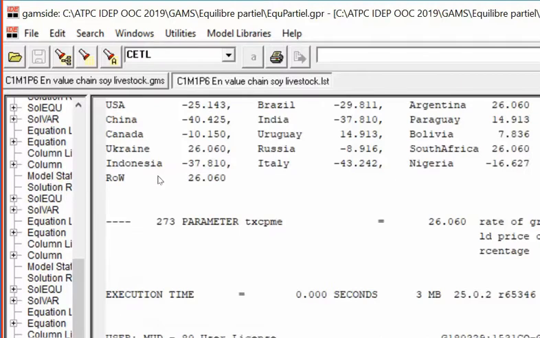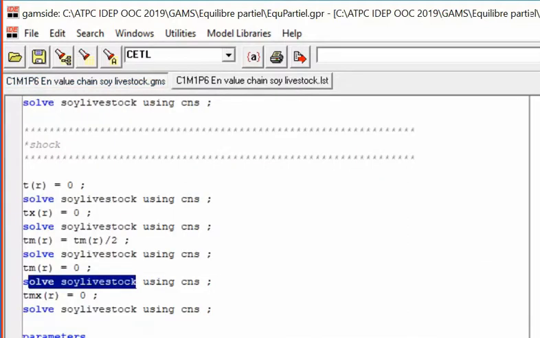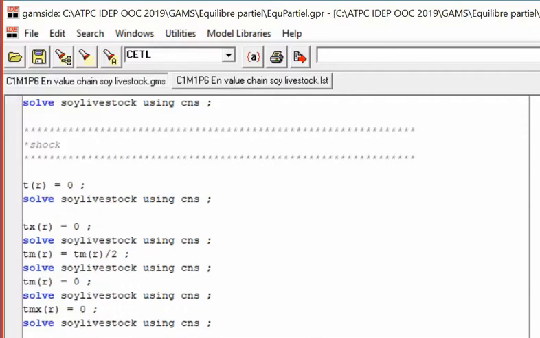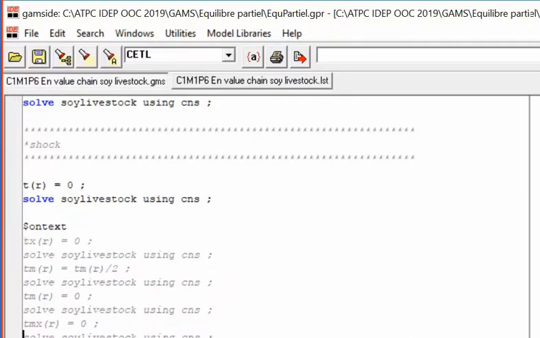So if you want to make a good economic analysis of this, it's good to understand the impact of each component of the shock. So what you can do is, for example, to neutralize, to deactivate all this shock in order to have only one component of the total shock, which is an elimination of import duty in the soy sector.